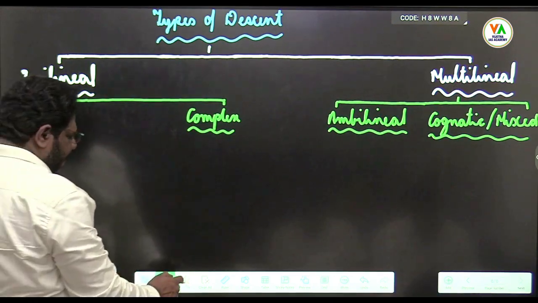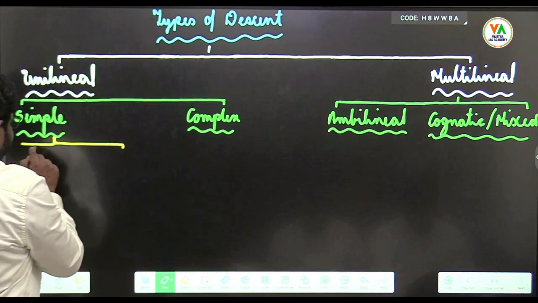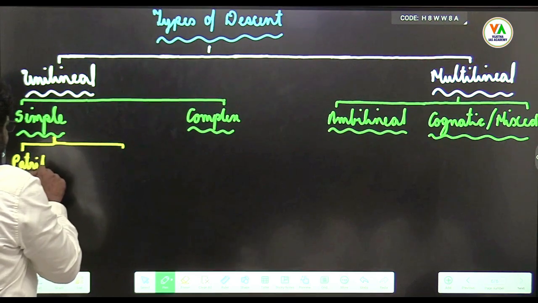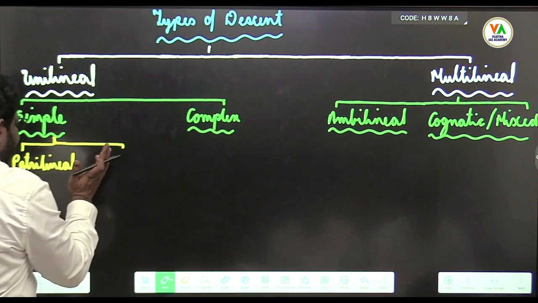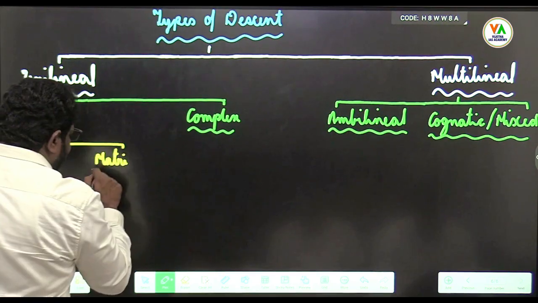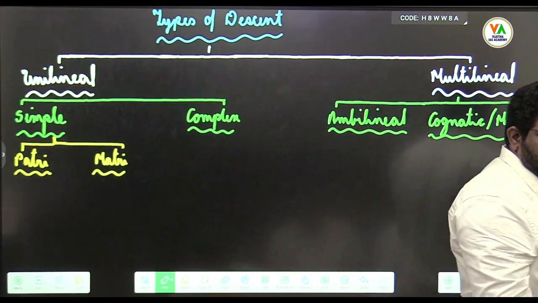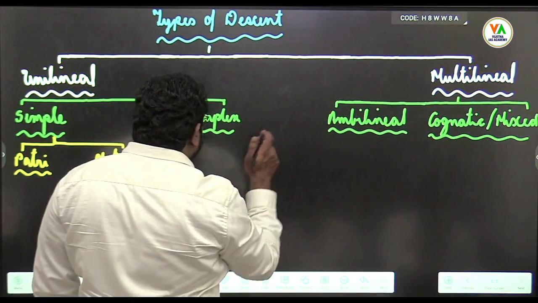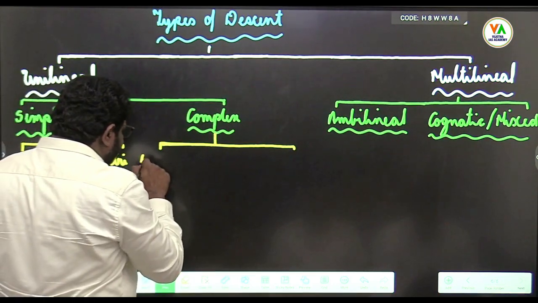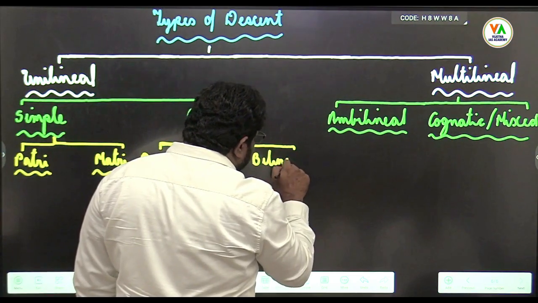The simple unilineal is again classified into two types: patrilineal or matrilineal. Because space is less, I will just write patri, but you write completely. Complex unilineal descent is classified into two types: double descent, then you have bilineal descent.